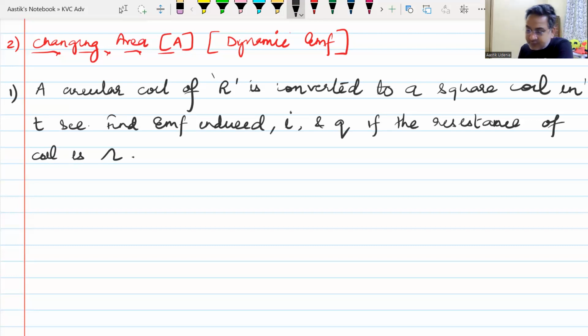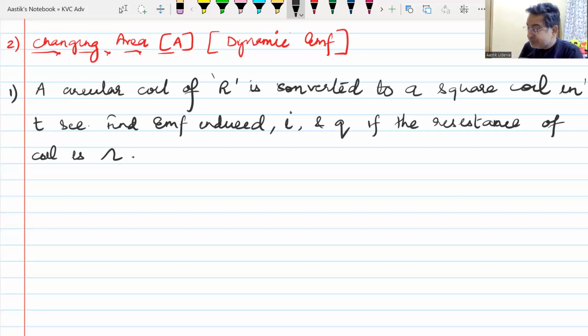ohm. I am given this symbol for the resistance because R is used for the coil's radius. You have a circular coil and you change it into a square coil. You take t seconds to change it.